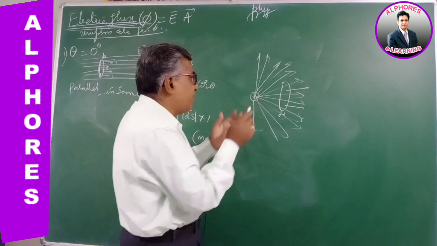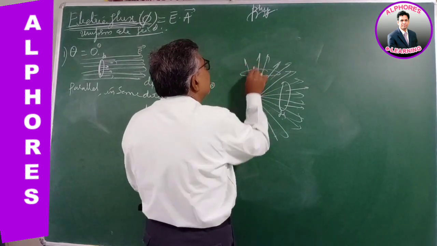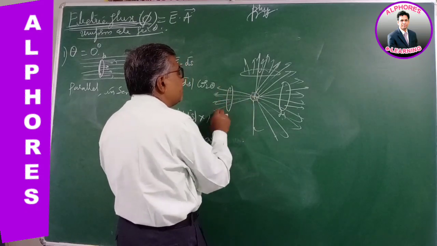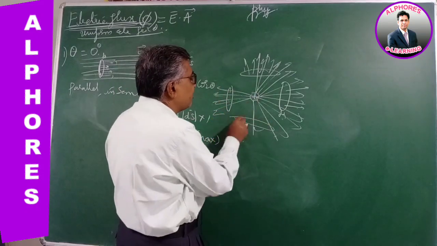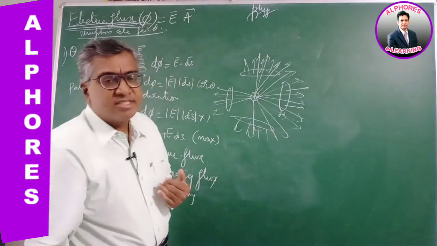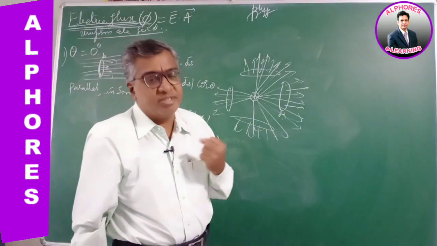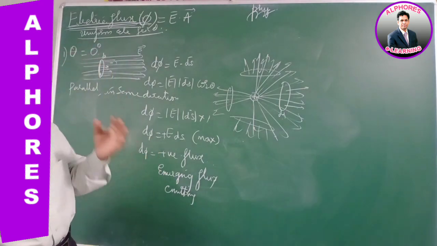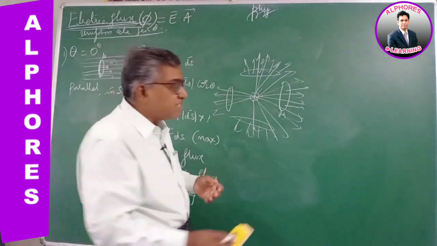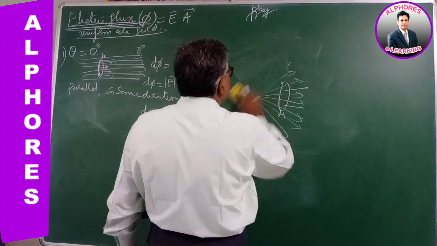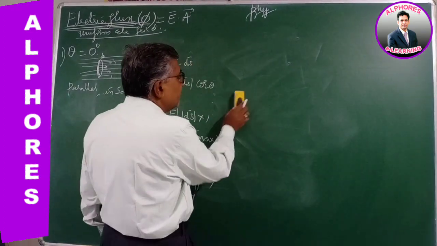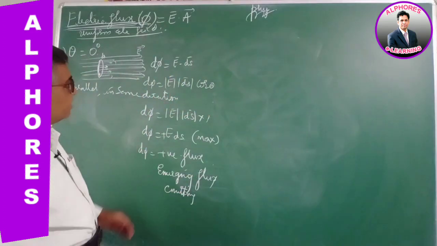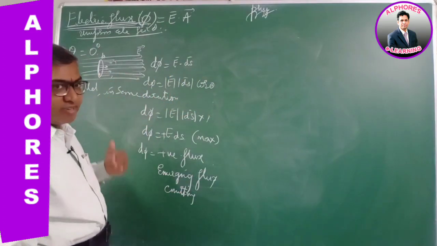Wherever I consider an area element, here or here, the lines of force will come out of it like this. So at any point the lines of force are emerging out. Such flux is termed as positive flux. You spell it out as the emerging flux or emitting flux, normally coming out of the surface. This is termed as positive flux.